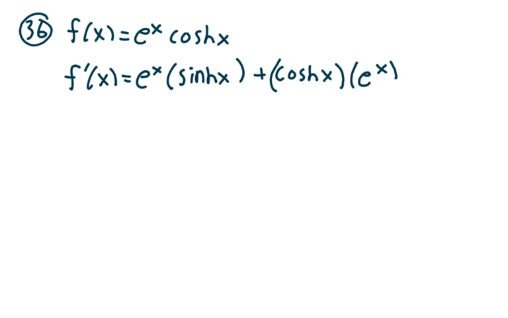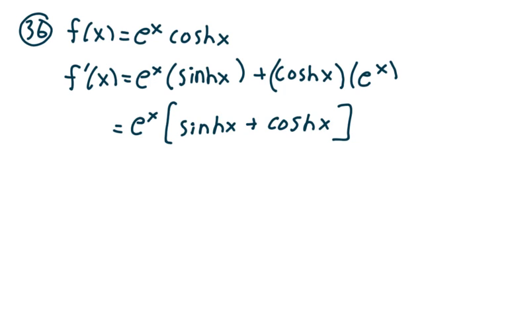So I'm going to do something with you guys because we need to be able to simplify this, okay? It's very important. I'm going to factor out that e to the x. And if you notice, I get sinh x plus cosh x, okay? Now, there's an identity that you learned early on that sinh x plus cosh x is equal to e to the x.